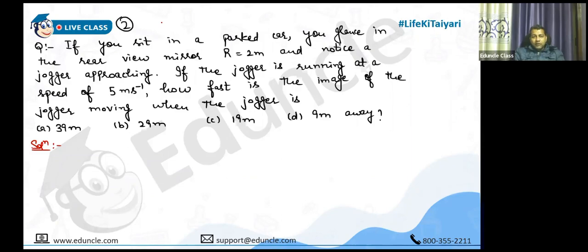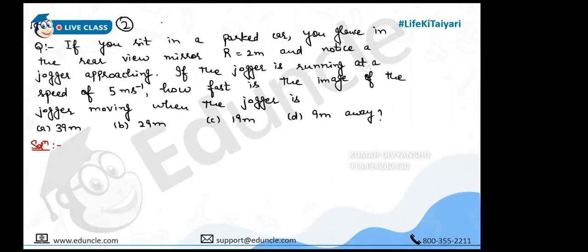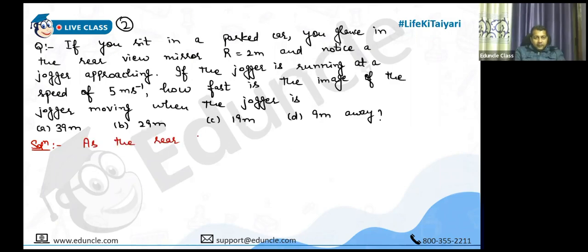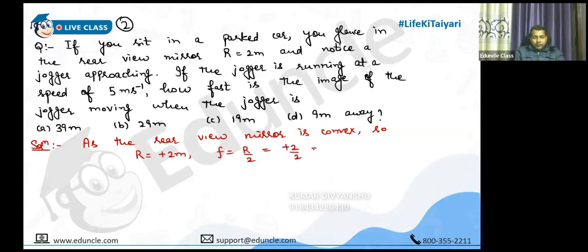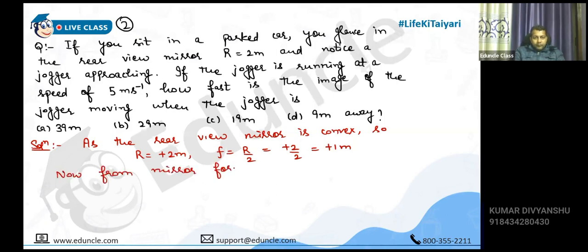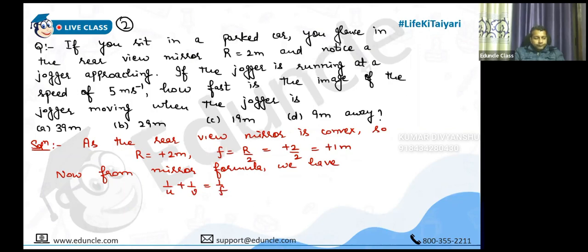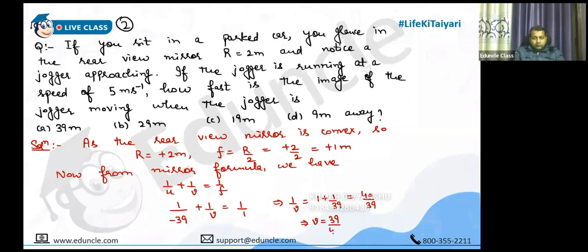What is the nature of rear view mirror? Is it concave or convex? Convex. Convex mirror. Now the jogger is moving at a constant speed.